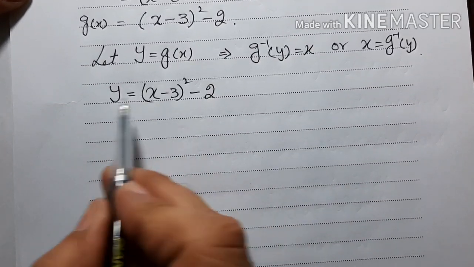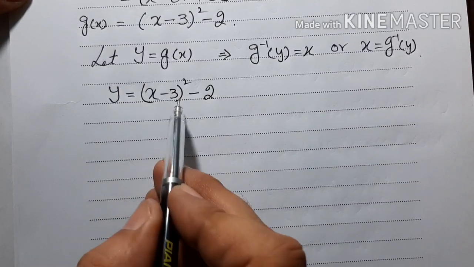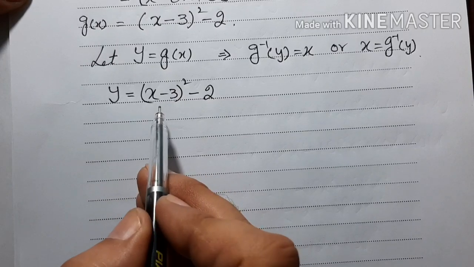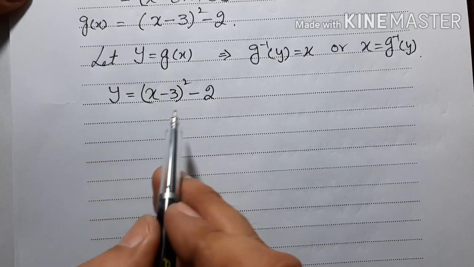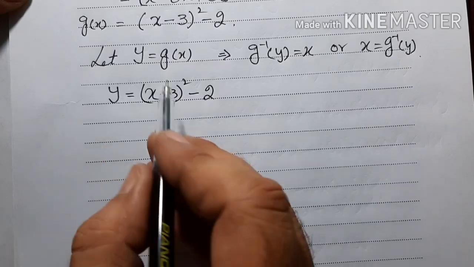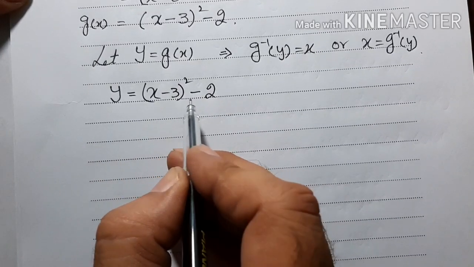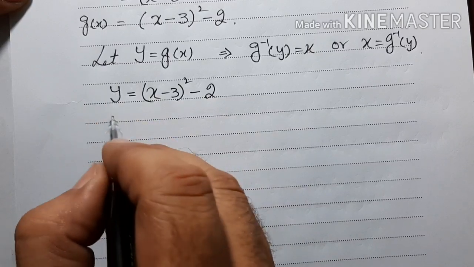Now my prime focus is to make x the subject in this expression. So I'll take 2 to the left side first.